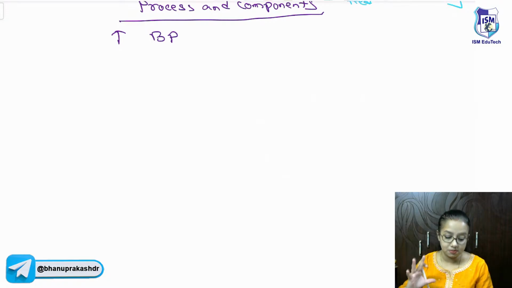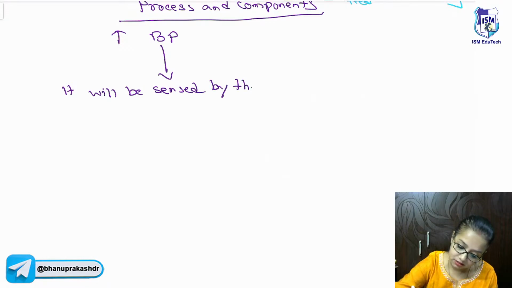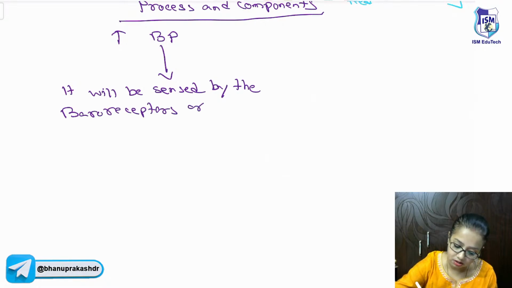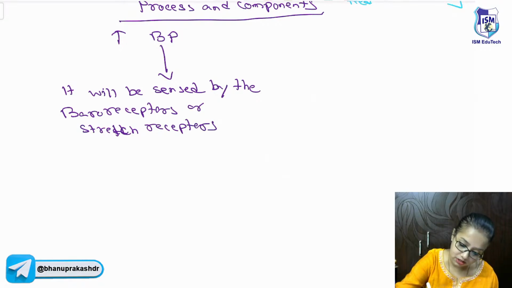Whenever there is increase in the blood pressure, what will happen? It will be sensed by the baroreceptors or stretch receptors.